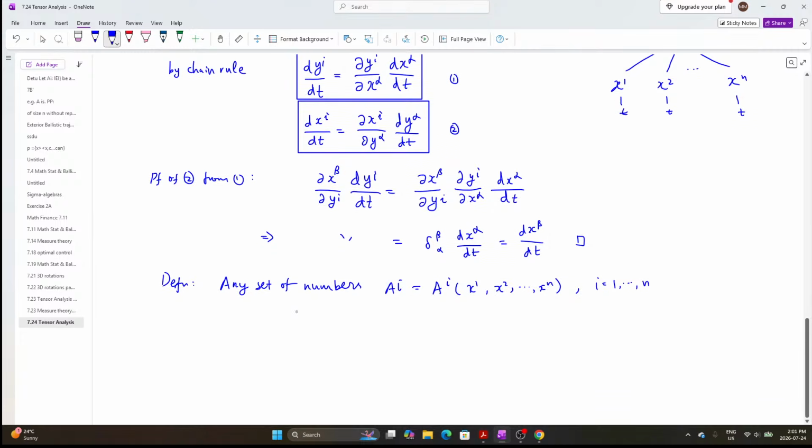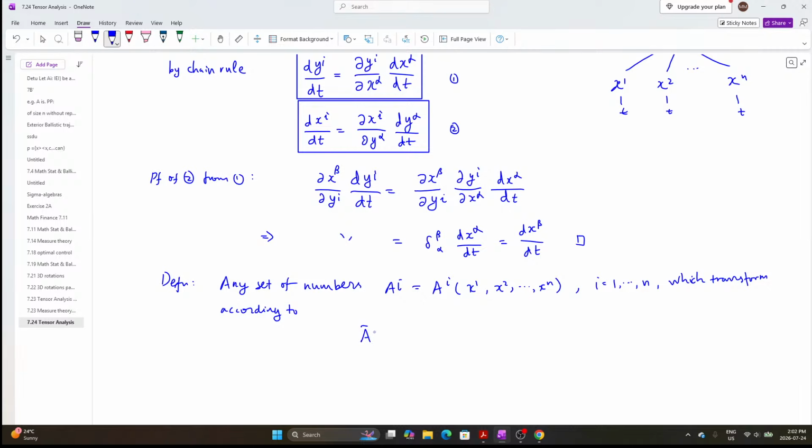Let me write that down fully. Which transform according to this law, which is, let's write the new coordinates of big A as A bar.